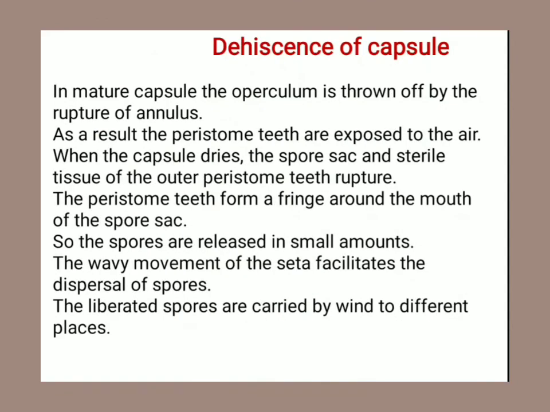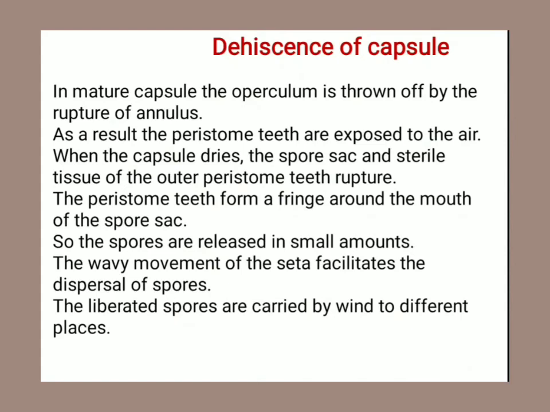When the capsule dries, and the spore sac and sterile tissue of the outer peristome teeth rupture, the peristome teeth form fins around the mouth of the spore sac.